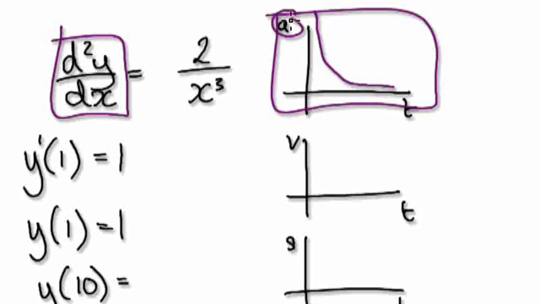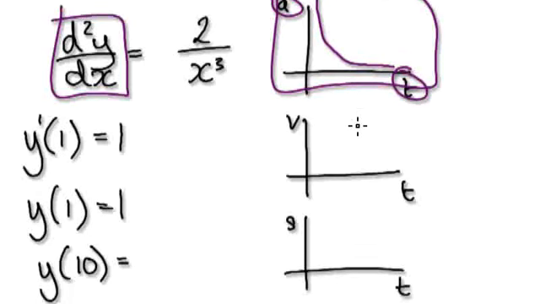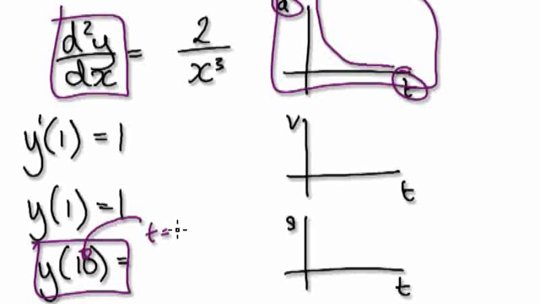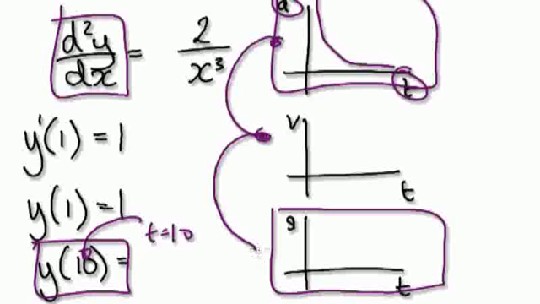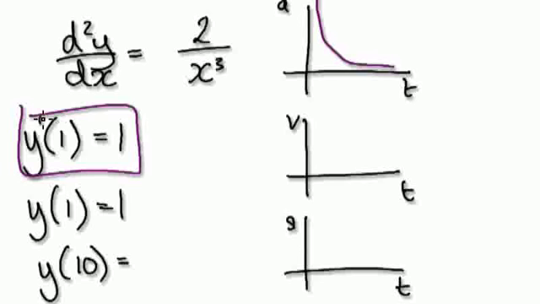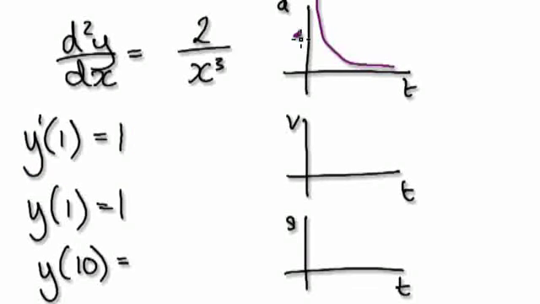You've been given the acceleration-time graph, and in order to find y at time equals 10, you integrate it once, and then integrate it again to get to y.